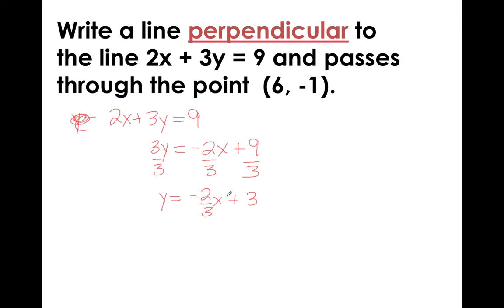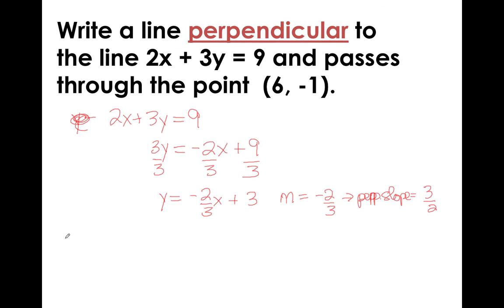So now we have it in slope-intercept form. Now we can solve like we did the previous problems. Our slope is equal to negative 2/3, but since we want a perpendicular slope, I have to take the reciprocal and change the sign. So the reciprocal of that is positive 3/2.